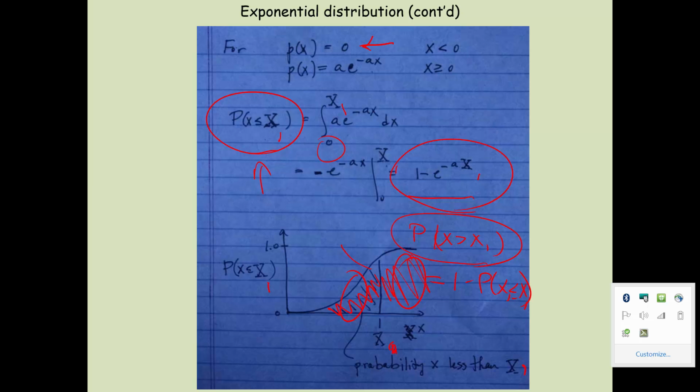If we know what the probability distribution function is, whether it's exponential or some other distribution, we would be able to calculate that probability of exceedance. So this quantity that I've just encircled here is the probability that x1 will be equaled or exceeded.